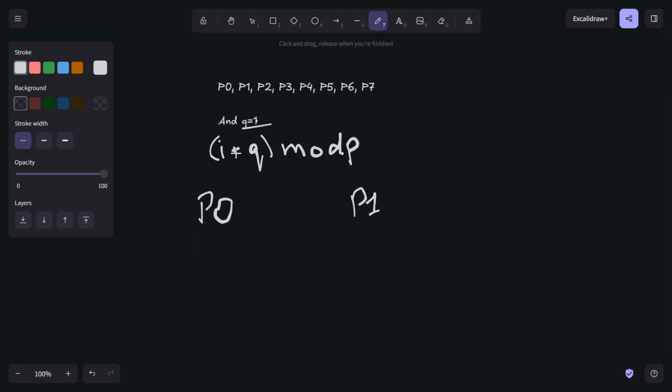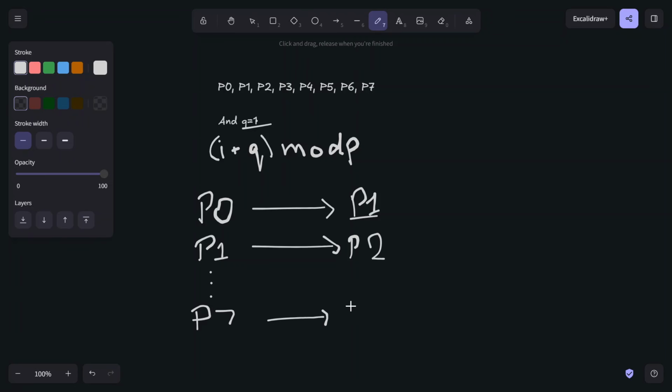We know the shift value is 1, so from P1 the next will be P2, and so on till P7, where the shift will return to P0. This is what it means by circular shift operation.